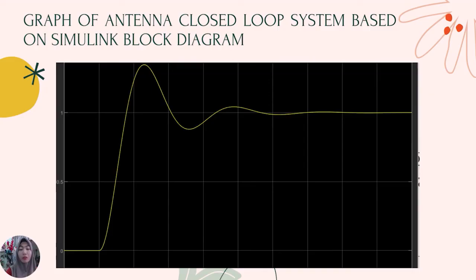Moving on, the graph of the antenna closed loop system based on the Simulink block diagram. As you can see, this is the output data from calculation in the closed loop system.